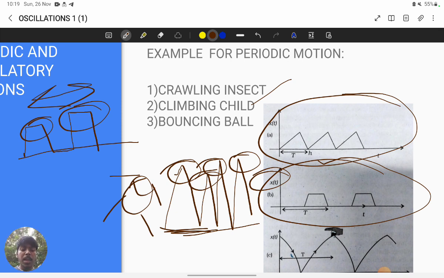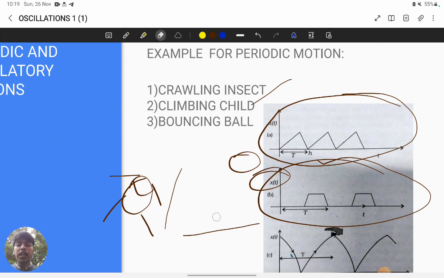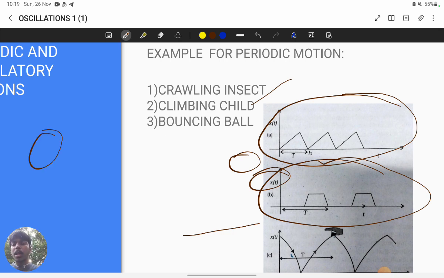The next graph is a bouncing ball. Let me clear all these things and explain the bouncing ball example. You took a rubber ball and threw it down. It touches the ground and bounces back according to Newton's law of motion: every action has an equal and opposite reaction. Say you applied 10 newtons of force.